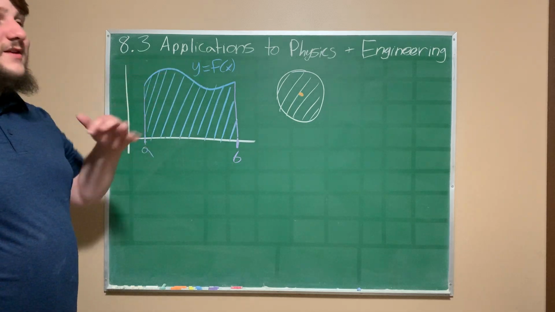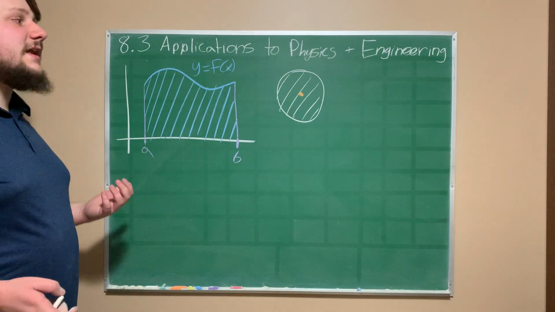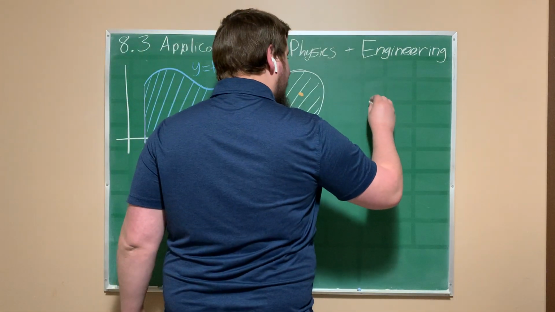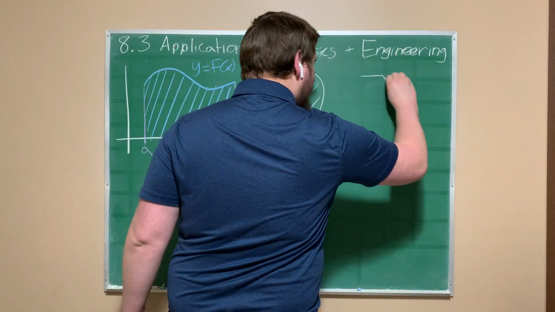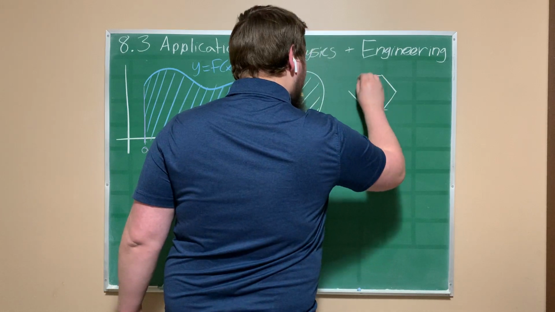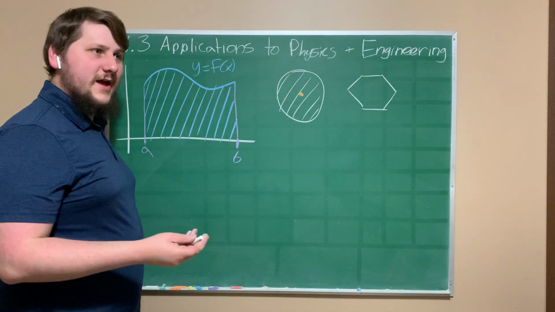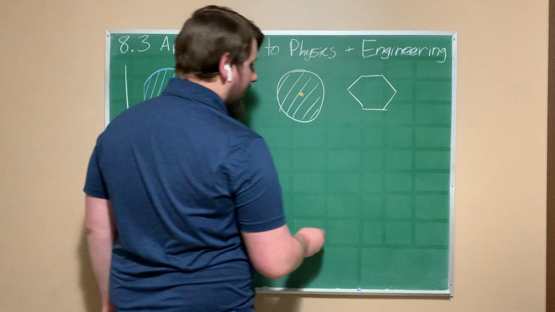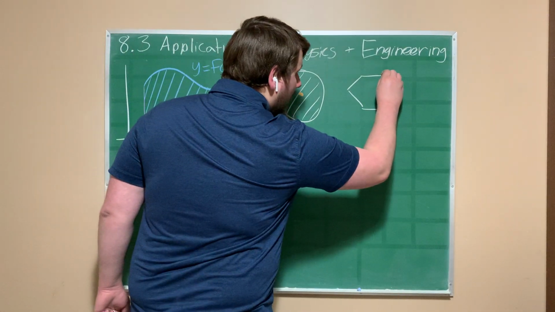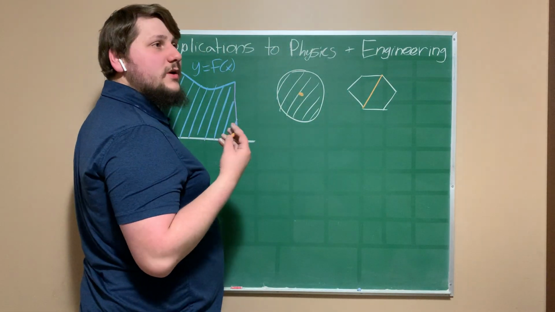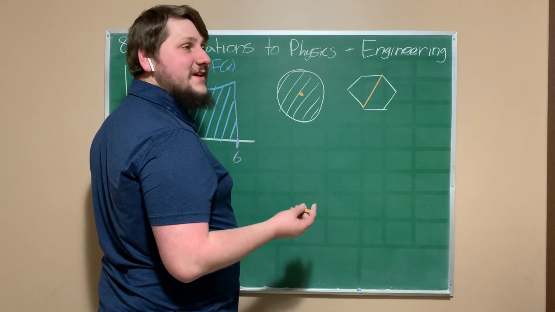So we're going to assume here that we have constant density. Whenever we have nice symmetric properties, we can tell a lot about the centroids of these shapes. So for example, if you had a hexagon, try to get this roughly accurate here. So imagine this is a regular hexagon. Once again, we have a nice symmetric property to hexagons. If you draw a line from one end to the other, point to point, you'll cut that hexagon exactly in half.